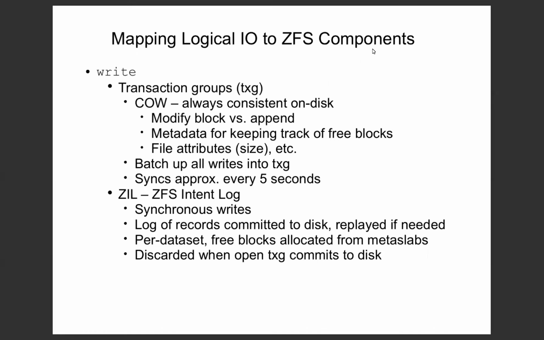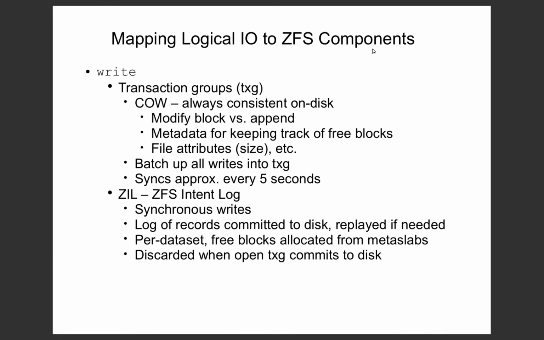Then there can be another one in a quiescing state where things are settling down, getting ready to write. And then finally there's the syncing state where that transaction group is syncing. So if you have a transaction group syncing and actually writing that data out to disk, there would be a third transaction group that's open, taking new writes in, that would be written to disk a few seconds later.